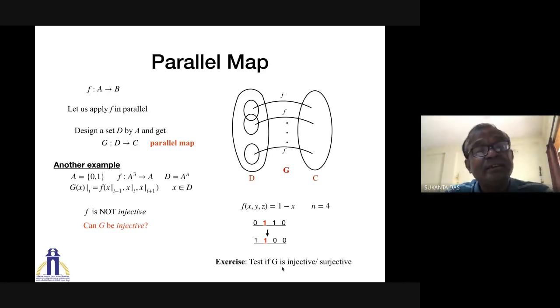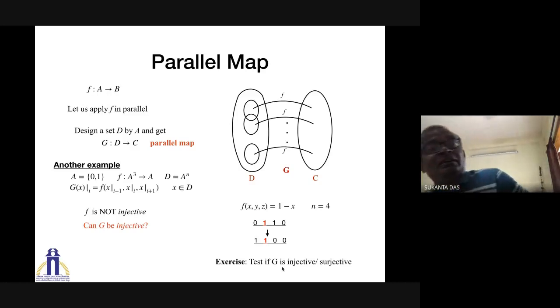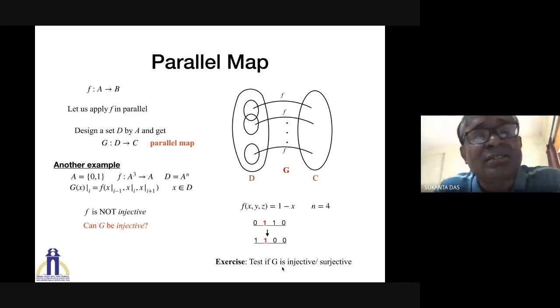Interestingly, in this example, f is not injective. It cannot be injective if it maps A cube to A, right? In general, you understand that the size of the domain is greater than the size of the codomain.